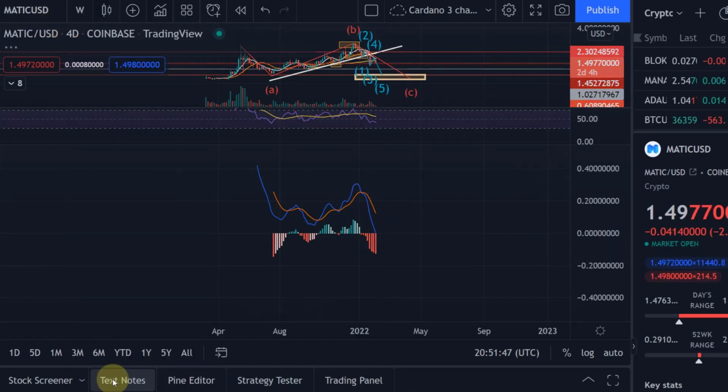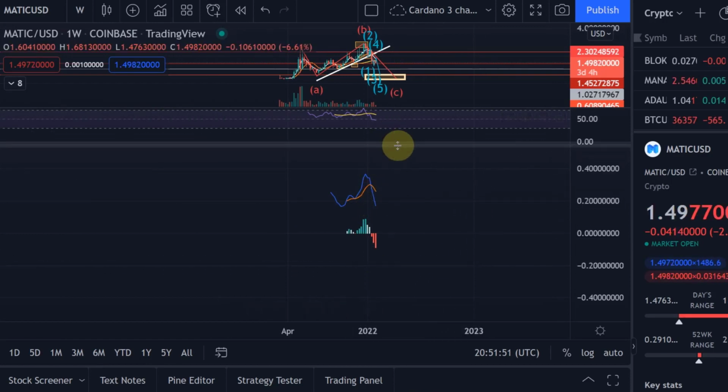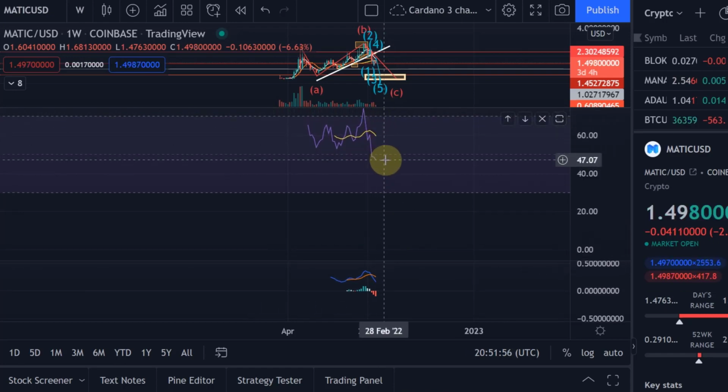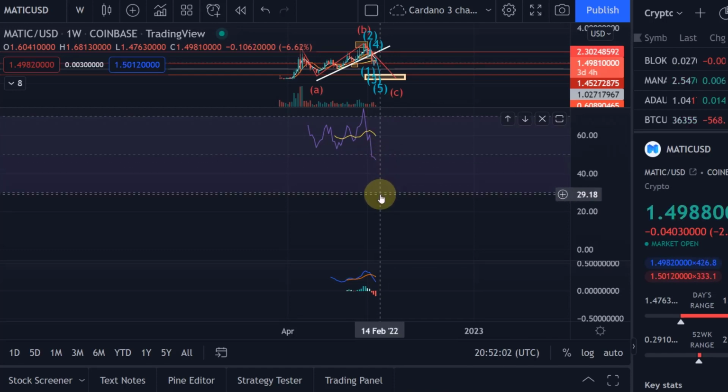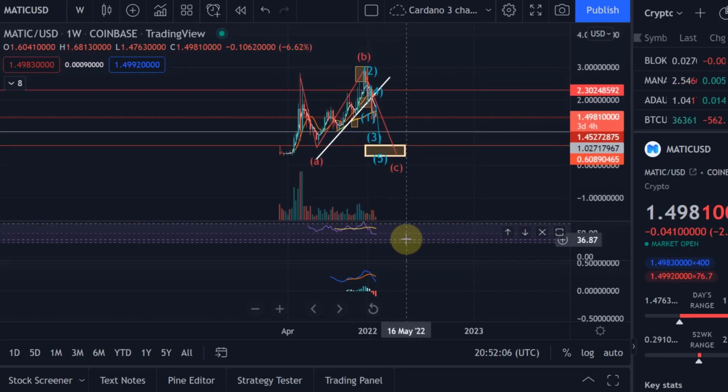No, it just wouldn't. And on the weekly chart, you can see it as well. We only had the bearish cross, which is also a sell signal, actually a more relevant one. And here we are much higher. We are on the 47 level of the RSI in the bearish range, but you can easily drop down to 30 with the momentum on the weekly chart before you're getting oversold.